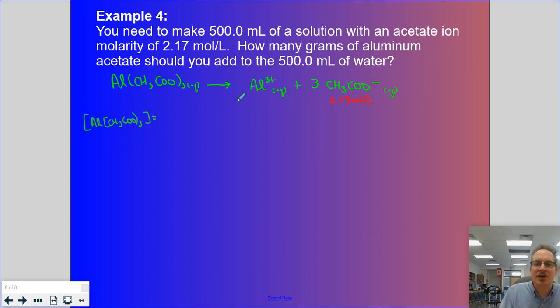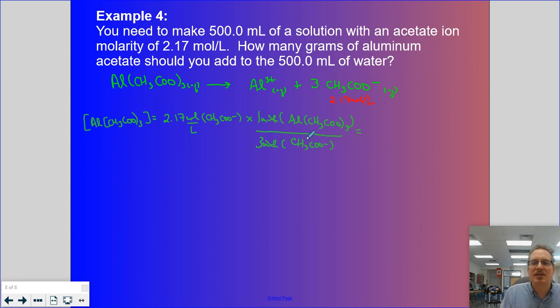I'm going to take the concentration I already know, 2.17 moles per liter of CH3COO minus. I'm going to multiply by, so little game of leapfrog this way this time, 1 mole of Al(CH3COO)3 divided by, again, we're going to then jump back here to where the number was, 3 moles of CH3COO minus.